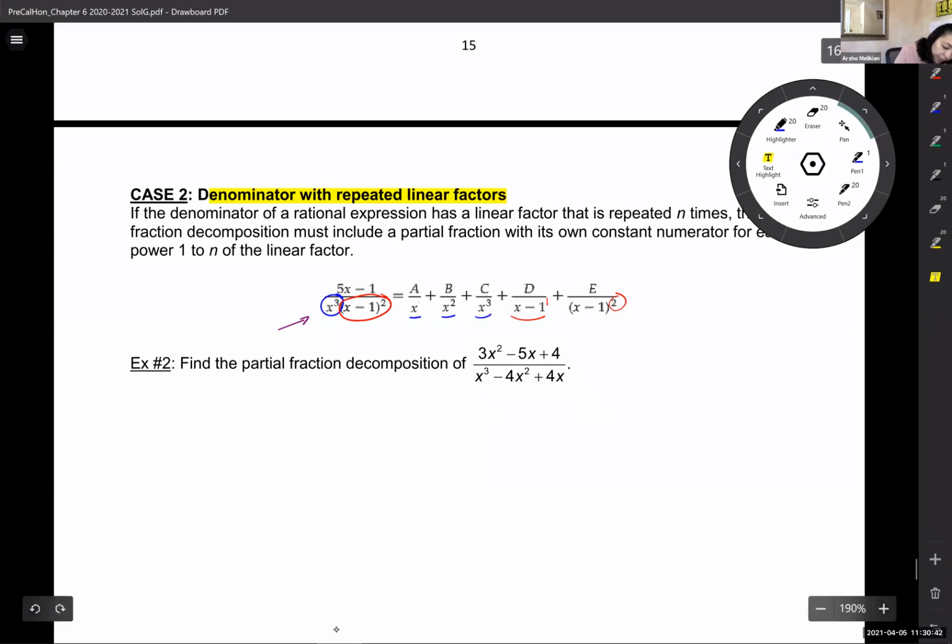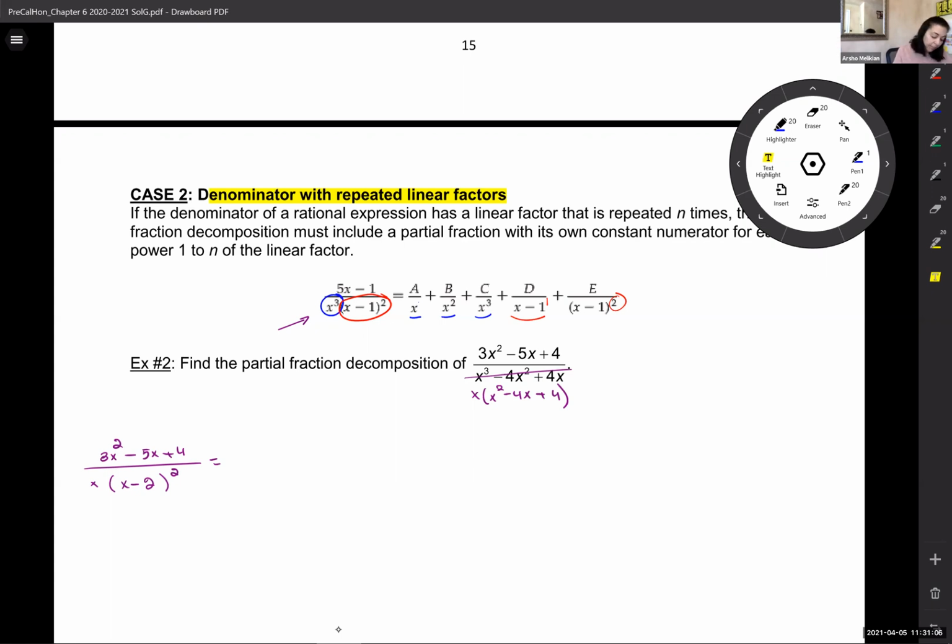So here, if I factor out an x, I get x squared minus 4x plus 4. So let me factor that a little bit further here. This is 3x squared minus 5x plus 4 all over x times the other one, which factors as x minus 2 squared.